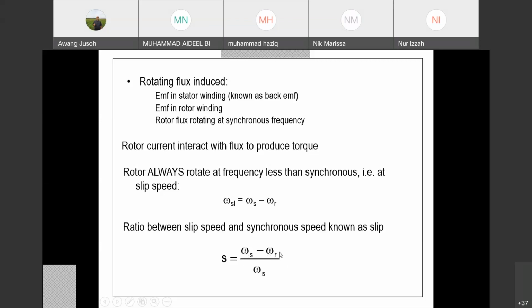That means at standstill, the machine is not moving yet, then the slip equals 1. So the motor operation is in between 0 to 1, depending on how much slip we operate the motor, or in per unit 0% to 100%. If you calculate something and get 3 or 4, something is wrong with your calculation, because the maximum must be 1, it cannot be more than 1.